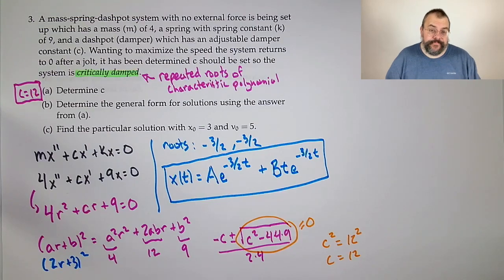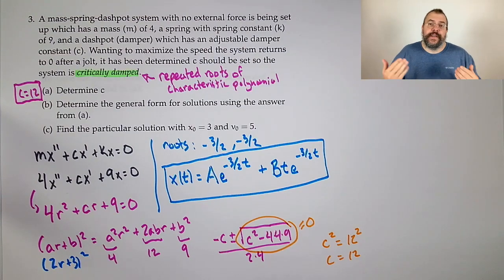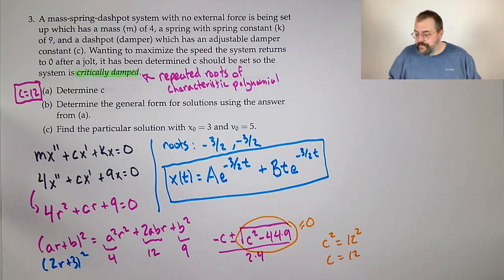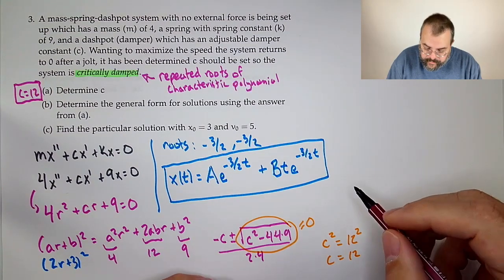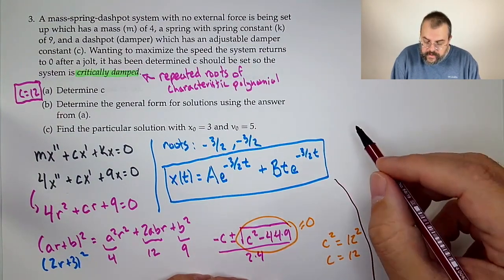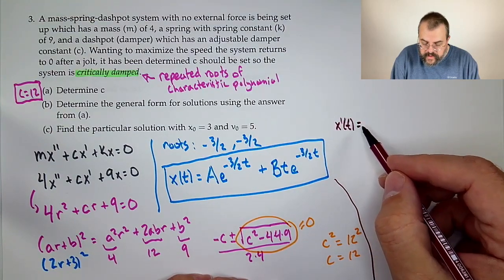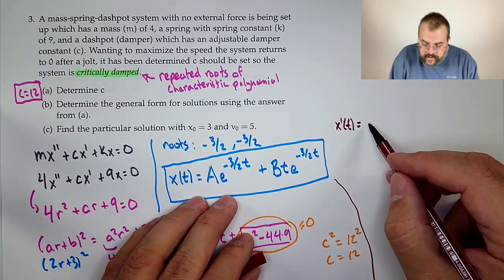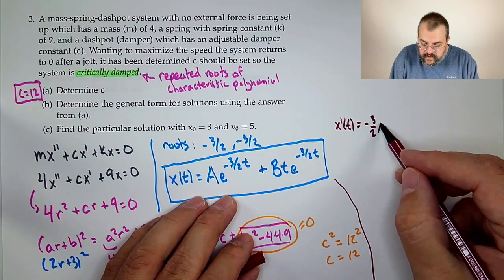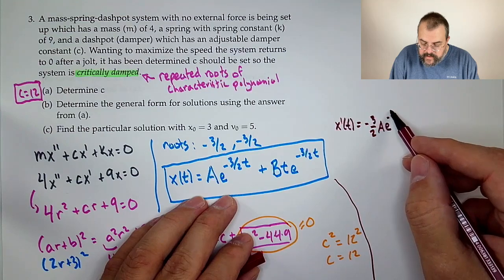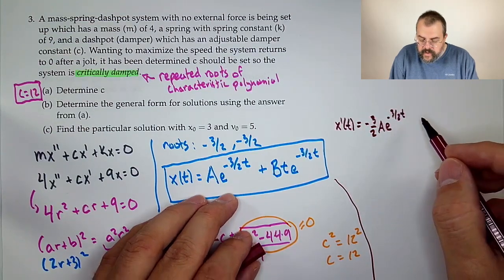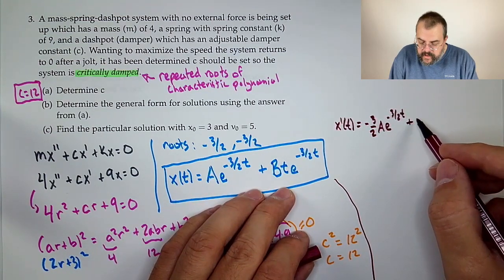So we've got A, we've got B. Part C. Find the particular solution with x0 equals 3 and v0 equals 5. Now, v0 is really a reference to the velocity, which means the first derivative. So we should compute x prime of t. So we'll have minus 3 halves a e to the minus 3 halves t plus b.